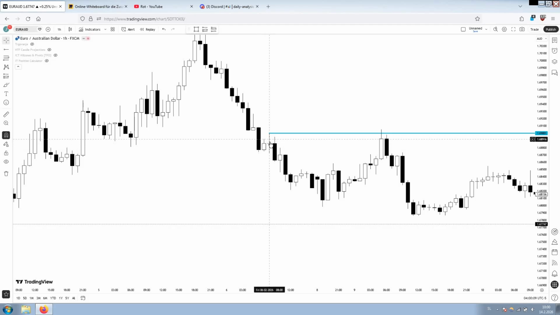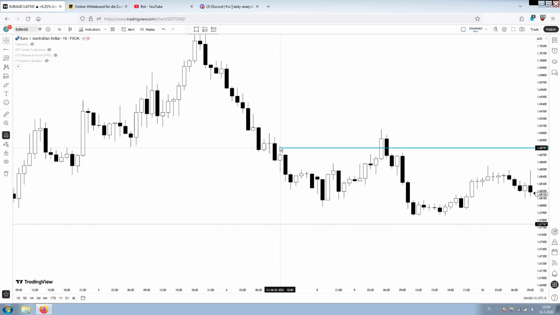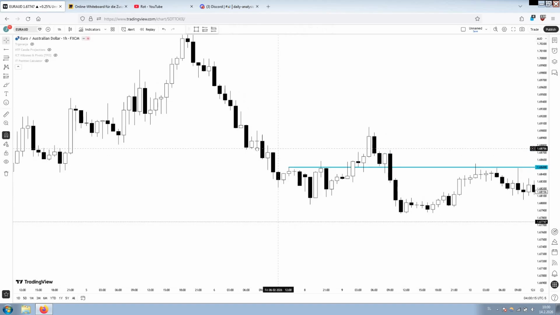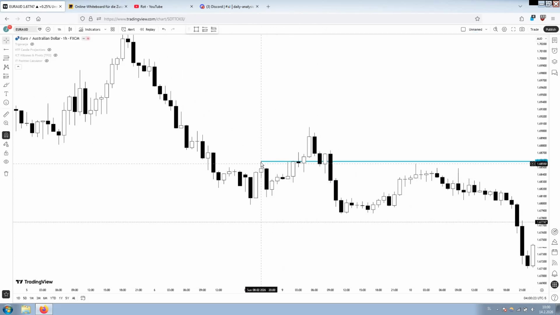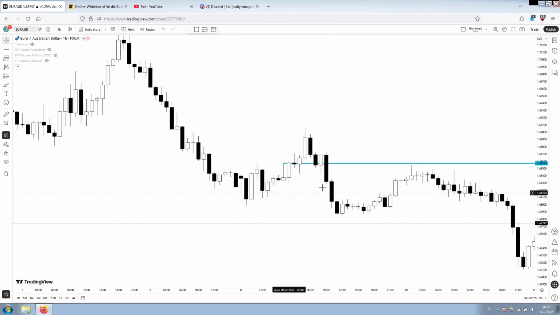So you can consider this one actually as a bullish candle. Here we have the high, here we have the high. Look, we wicked through the line, but we didn't close above it, okay? So this is now the new high. And then this is now the new high. And you can see with this little candle here, we closed above that high. So now we are in a bullish trend.